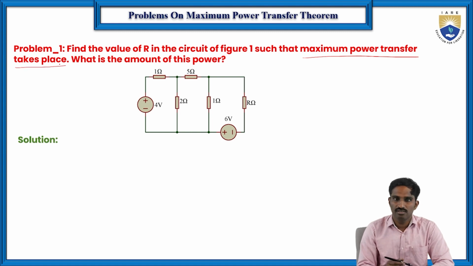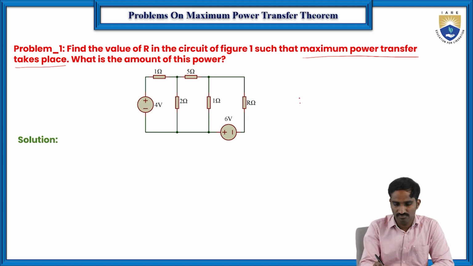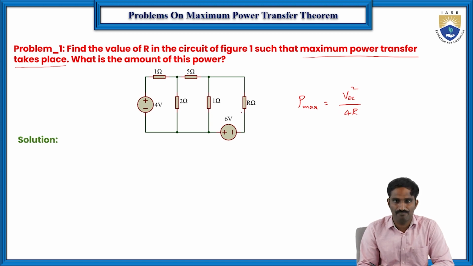So the condition for the maximum power is R is equal to R Thevenin's. And the maximum power that we need to find is P maximum, which is VOC square by 4 into R. So here VOC is the Thevenin's voltage and here R is the load resistance that we are going to find, right?